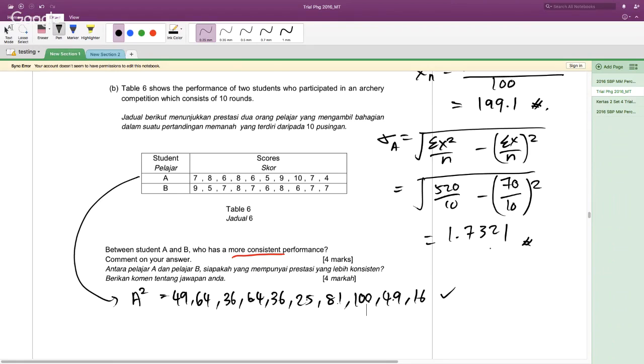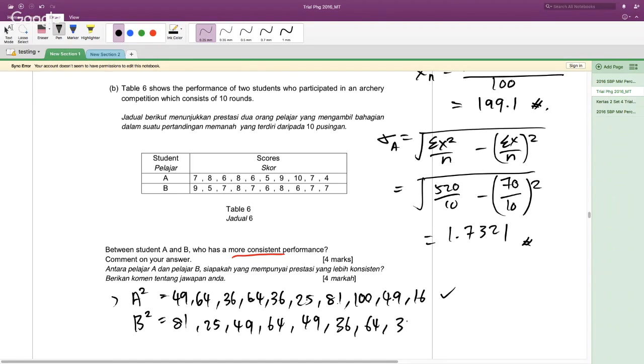Then I will do the standard deviation for B. I need to find the B squares first. This one should be 81, 25, 49, 64, 49, 36, 64, 36, 49, 49.